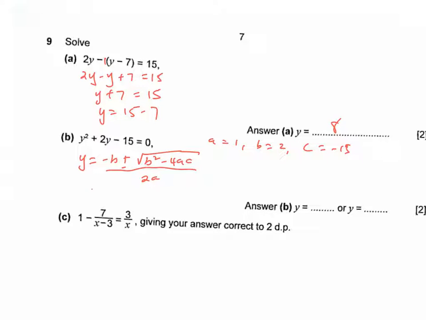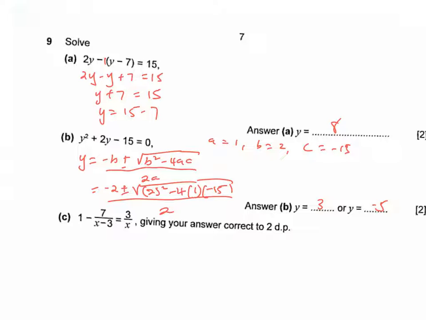So you have negative 2 plus or minus the root of 2 squared minus 4 times 1 times negative 15, everything over 2. Then you press this whole thing on your calculator, so you should get your two values: one is 3 and one is negative 5.